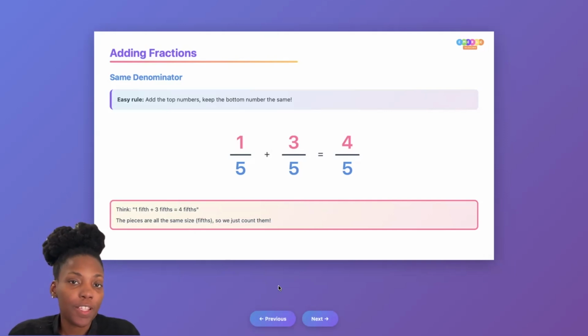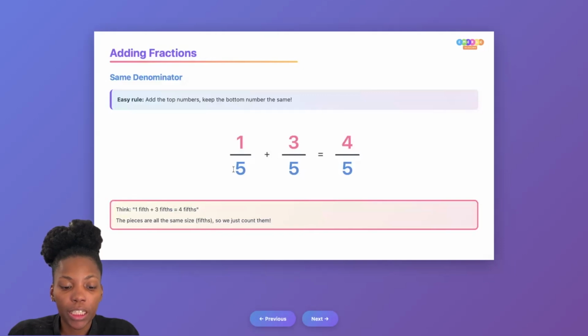Okay, so let's have a look at adding fractions when we have the same denominator. So an easy rule to remember is: add the top numbers, keep the bottom number the same. When our denominators are all the same, it makes it really easy. So just keep the same denominator and we'll just add the top numbers together. So for example, 1 plus 3 equals 4.